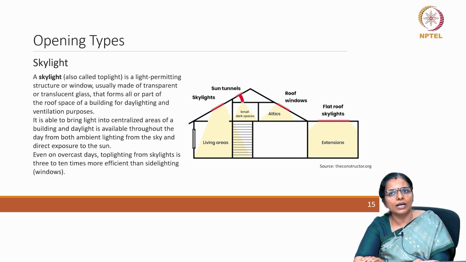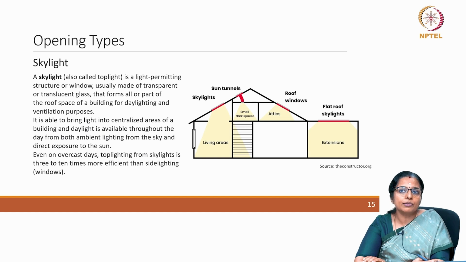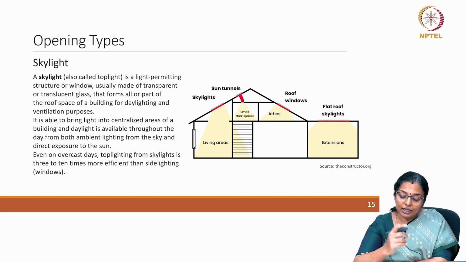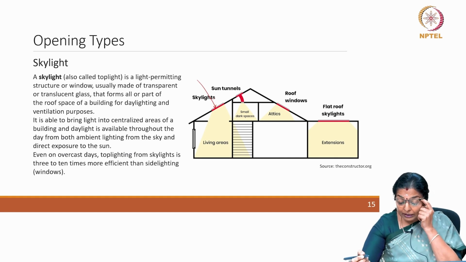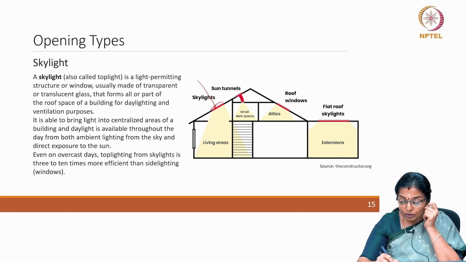Even on overcast days, top lighting from skylights is 3 to 10 times more efficient than side lighting or windows, because even during overcast sky there is direct exposure to these skylights. Normally, skylights are made up of translucent glass.